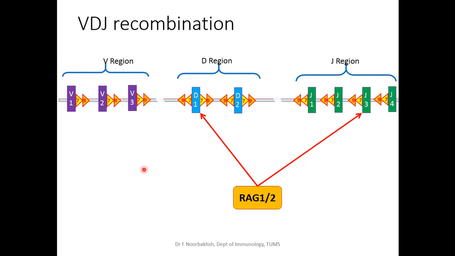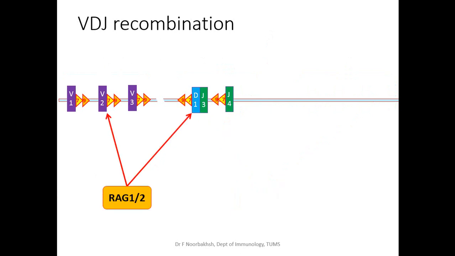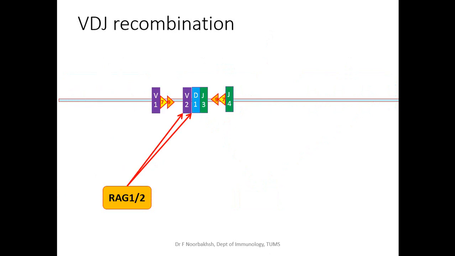The way that I'm showing it in here, it sort of disappears and then joins. But in reality, it loops out and then cuts the region in between and then attaches the parts next to them. So a D comes next to a J, and then another recombinase comes. Again, it recognizes the 7-9 on the left, the 7-9 on the right, cuts the region in between, and joins them. And this process of recombination is called VDJ recombination.